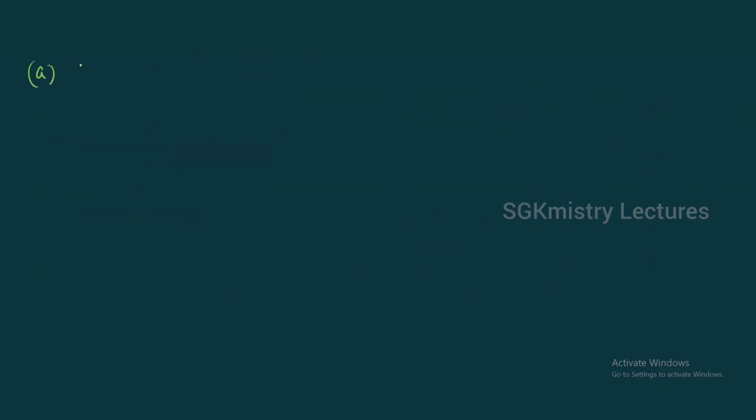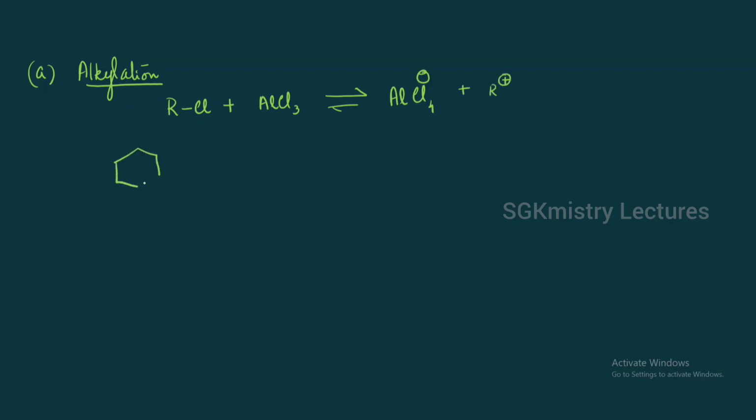Let us look into the mechanism for alkylation. First, let us take the alkyl halide, RCl. Now, in the presence of aluminum chloride, you're going to get AlCl4 minus and R plus. The carbocation is obtained. Now, we take the benzene and treat it with R plus. This will come and attack here. The plus charge, you can write it in this way, so R and H will attach to this carbon.